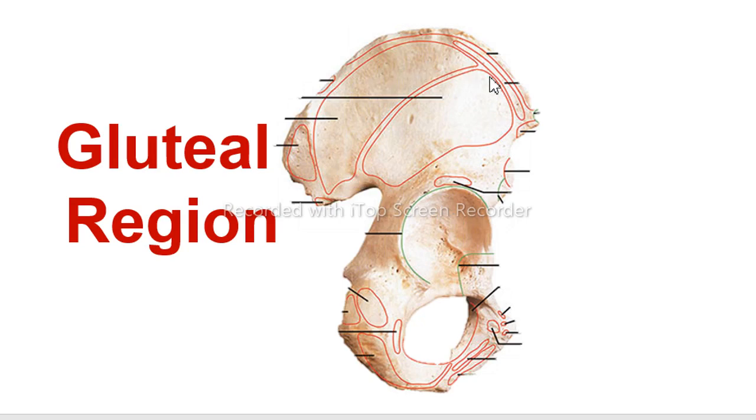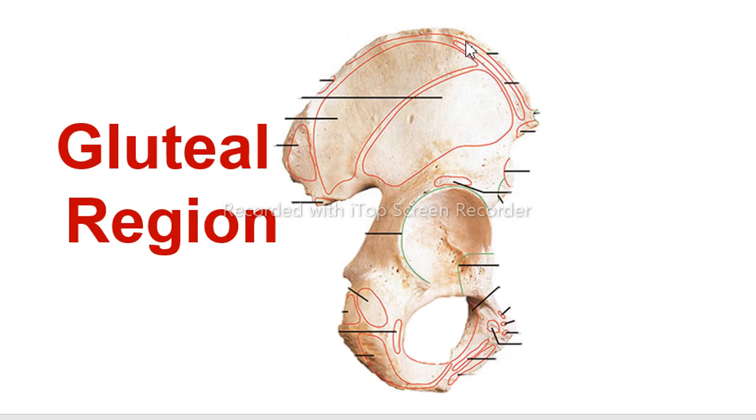On the gluteal surface, from posterior to anterior aspect, is the origin of the gluteus maximus muscle, the fan-shaped gluteus medius muscle, and also the fan-shaped origin of the gluteus minimus muscle.